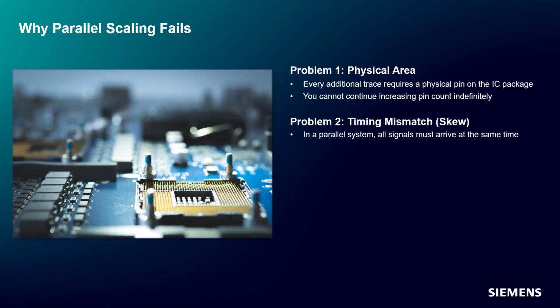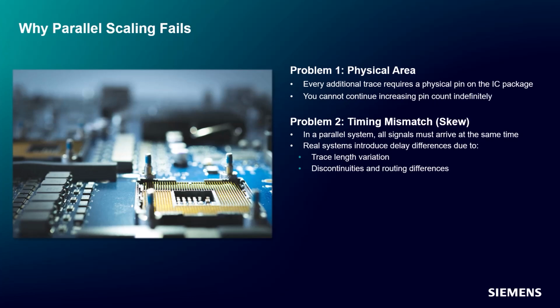The second problem is timing mismatch, also known as skew. In a parallel system, all the traces are supposed to carry bits that arrive at the same time. But in reality, signals don't travel perfectly in sync. Some traces are slightly longer or experience some form of discontinuity, which cause different delays.